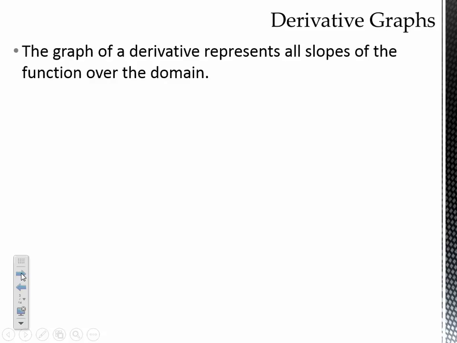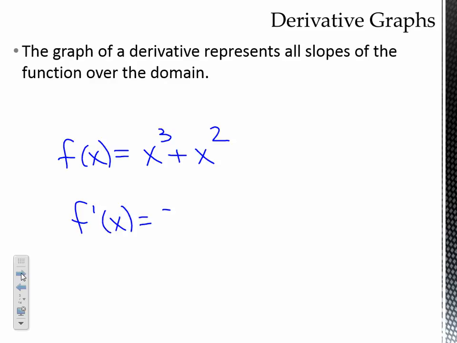We're just doing a graph. In the problem that we did, our function was x cubed plus x squared, and we found that the derivative was 3x squared plus 2x.